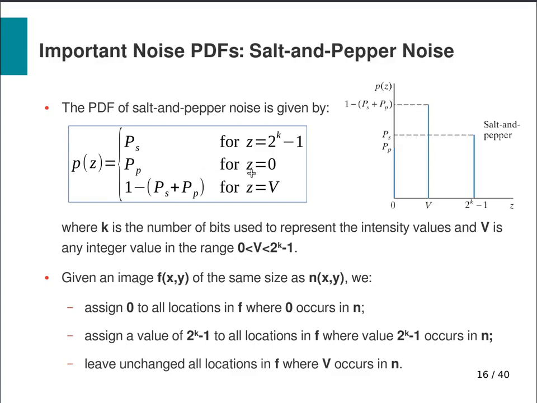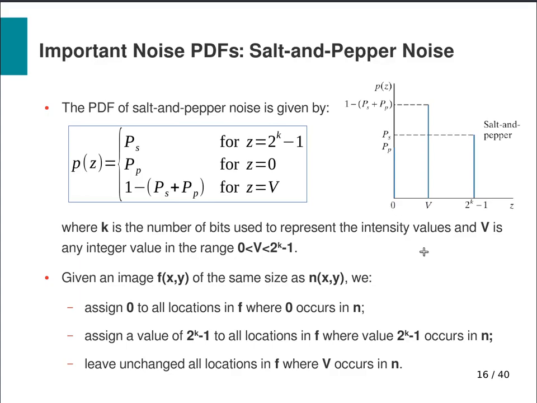For values of intensity being 0, the probability of pepper noise is going to be P_p. And finally, for any other value than 0 or 2 to the k minus 1, the probability is going to be 1 minus (P_s plus P_p).